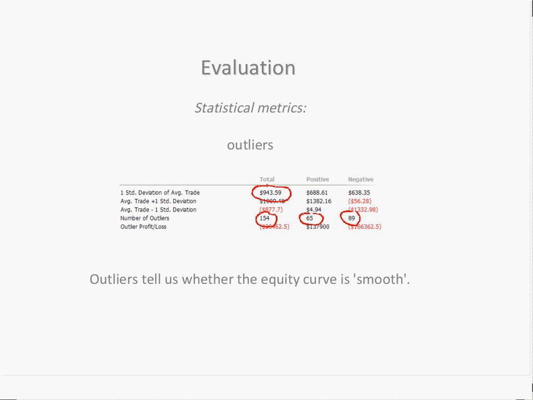In our initial case, the deviation is simply too large, and the number of outliers is an order of magnitude less than the number of trades.